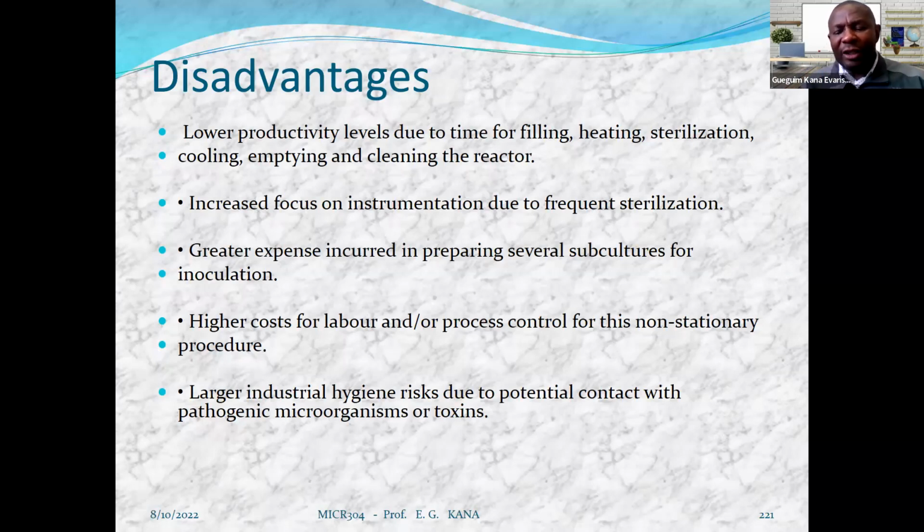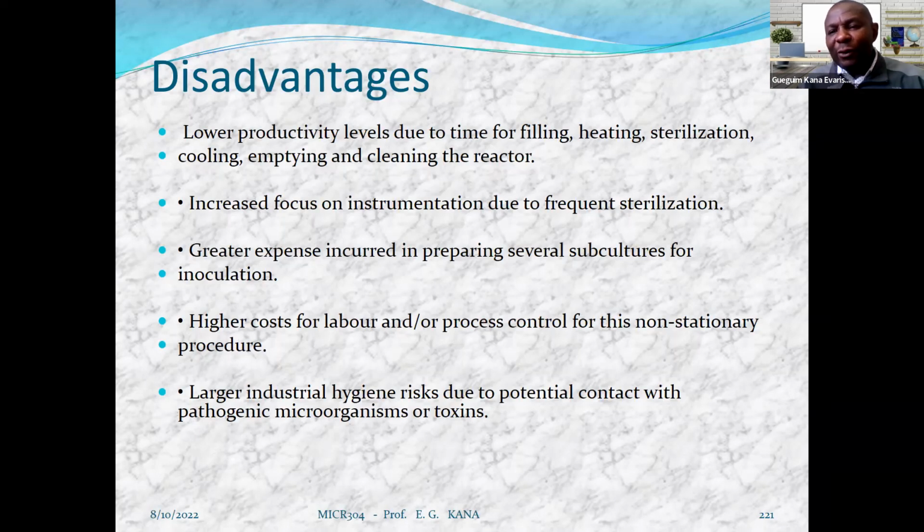When you finish one batch, again, you start sterilizing the reactor for the next batch, sterilizing the nutrients, carry out a new fermentation batch, go back into the downstream. That is to go batch by batch. Therefore, the unproductive time, which refers to the time you spend sterilizing the nutrients or removing your product, becomes longer. At the end of the day, the productivity is lesser in the batch system compared to other production modes.